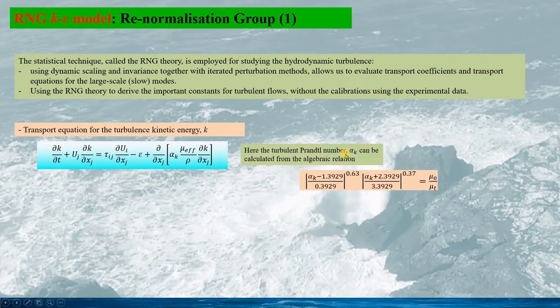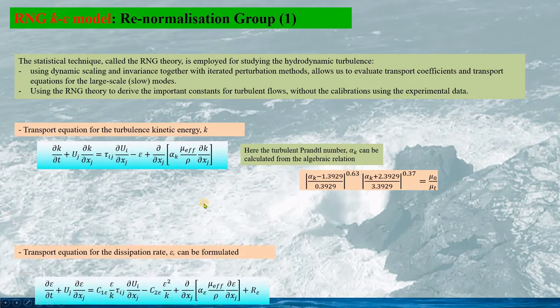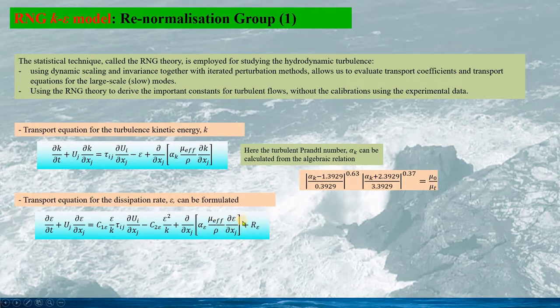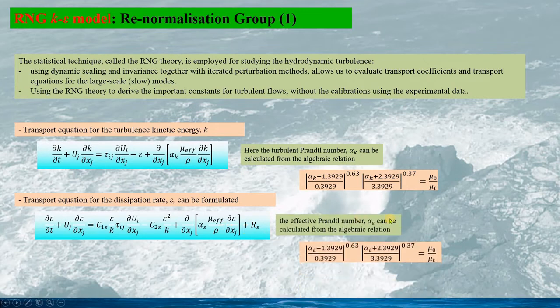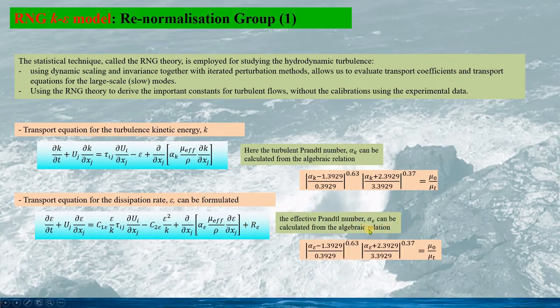Here, the turbulent Prandtl number alpha k can be calculated from this algebraic relation. And the transport equation for the dissipation rate epsilon is given in this form. And again, the effective Prandtl number alpha epsilon can be calculated in this formula. And in this transport equation, we can see the additional term R epsilon.